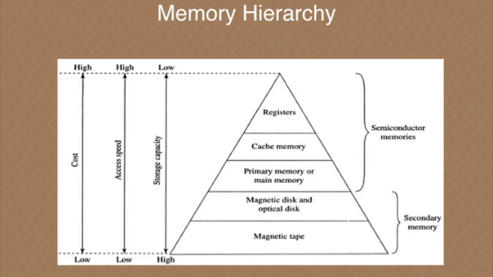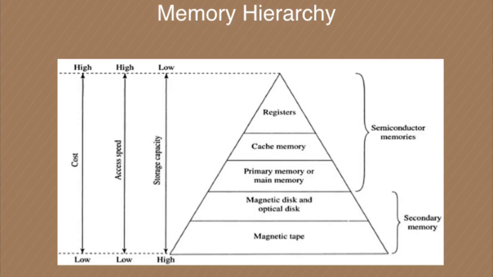And we can explain this figure based on three parameters. First one is storage capacity, the second one is access speed, and the third parameter is cost. You can see this figure from top to bottom. The storage capacity is increasing, that is, from low to high. Registers are used to store a small amount of information or data, and it will help the CPU for processing.